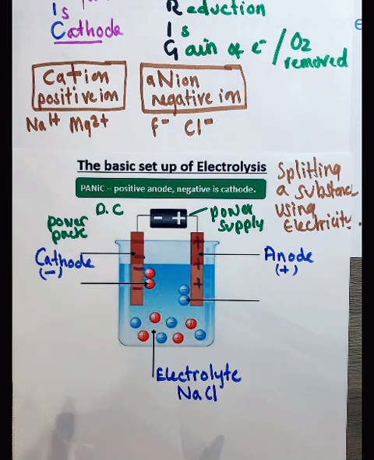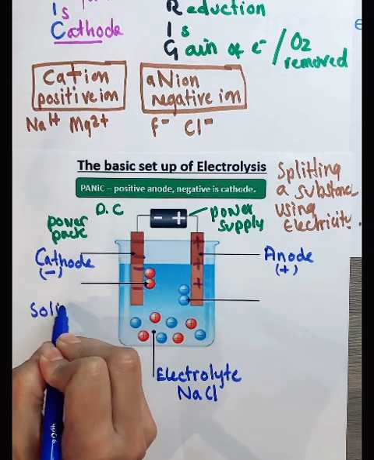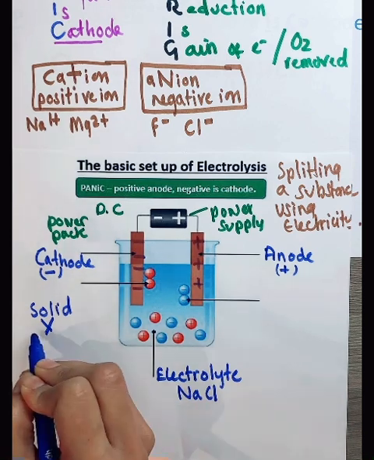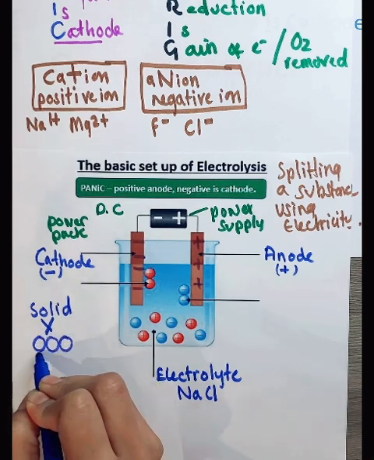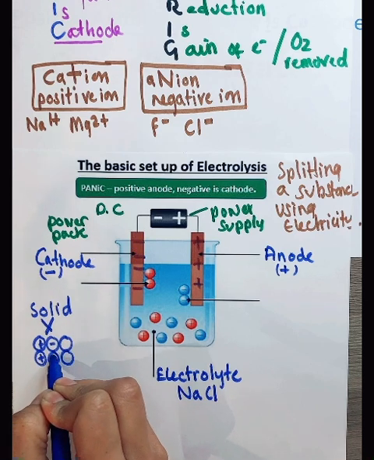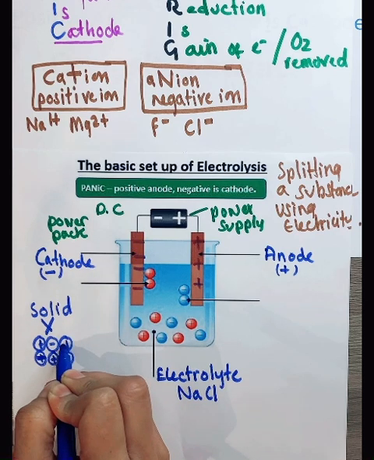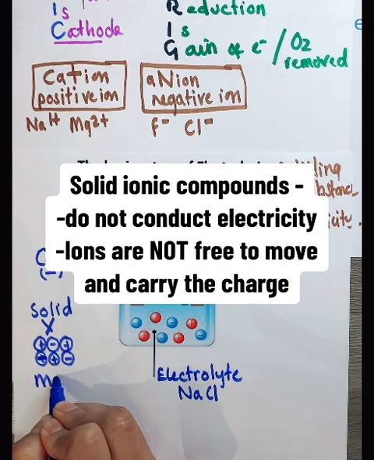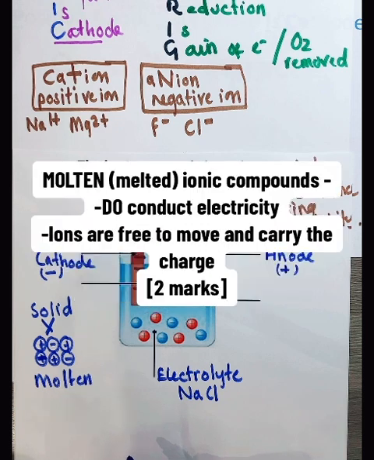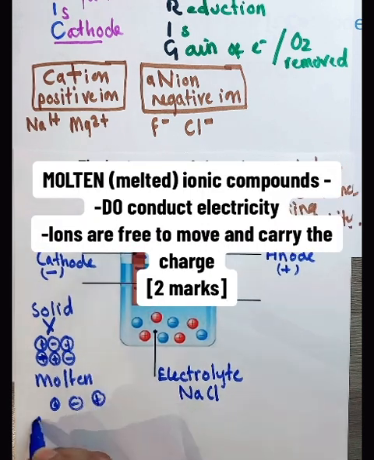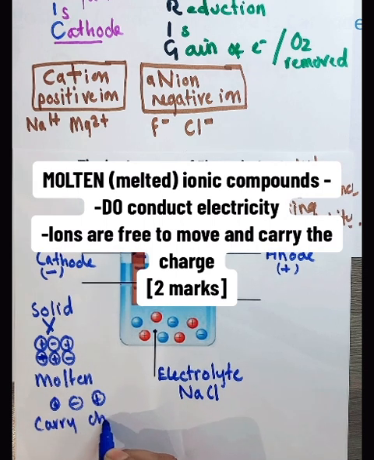Now, you do need to remember that if an ionic compound is solid, you cannot conduct electrolysis on a solid because the ions are not free to move and carry the charge. That's what you need to say. However, if it is molten, that means melted, your ions are free to move and can carry the charge.